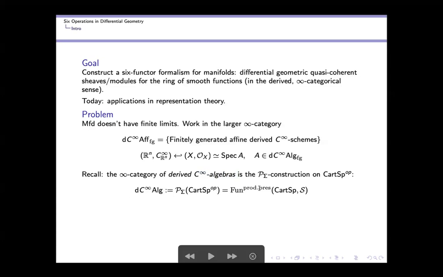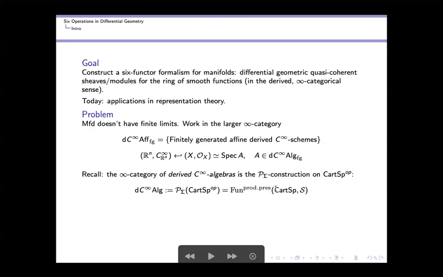What this is: you take Cartesian spaces, which are the point, the line, R2, R3, and smooth maps between them. This is a category with finite products, and you just look at product preserving functors into sets or into the infinity category of spaces.